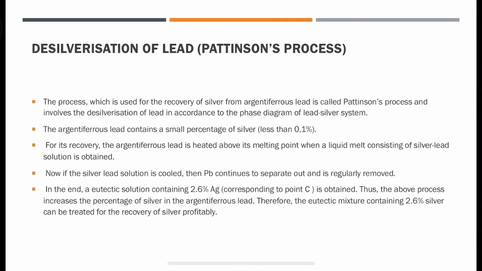On further cooling, more and more lead is separated along the line and the melt becomes richer and richer in Ag until the point O is reached, where the percentage of Ag rises to 2.6%, right?